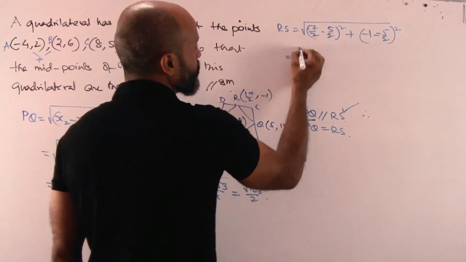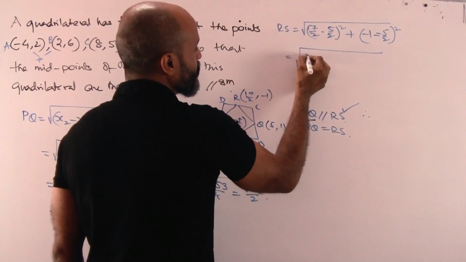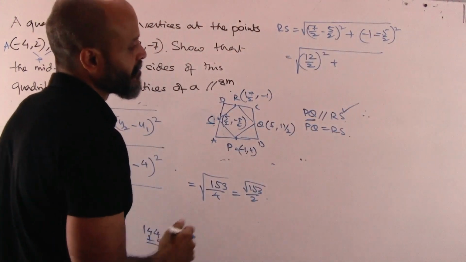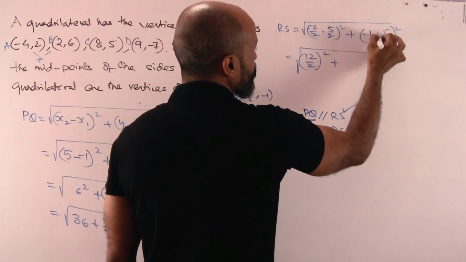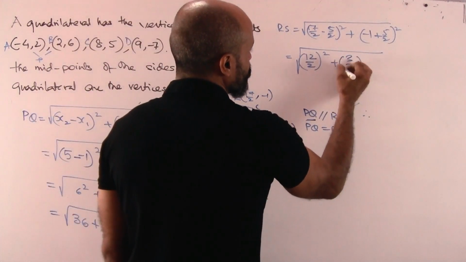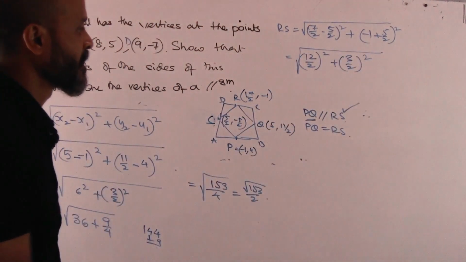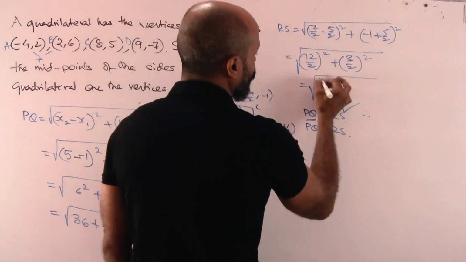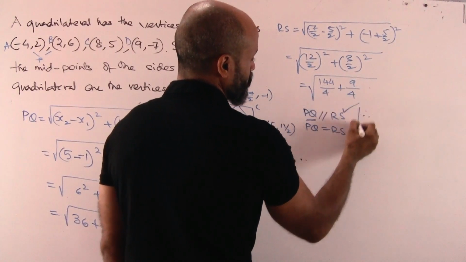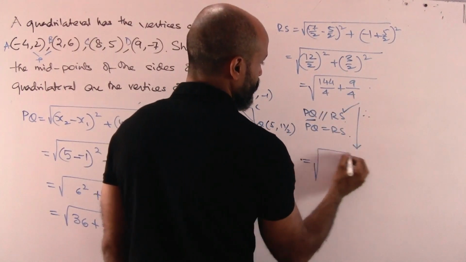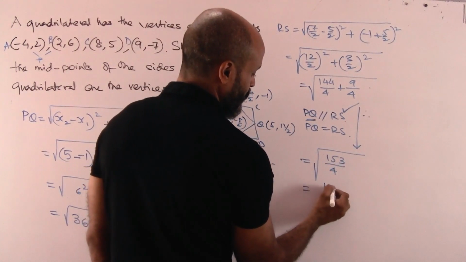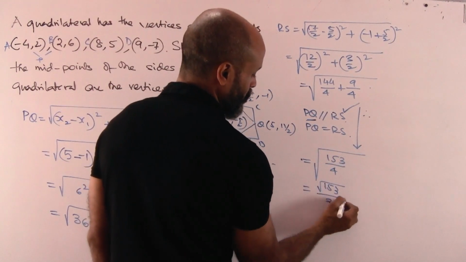So let's calculate this. 17 minus 5, that will be 12 by 2 square plus, here we have 1 plus 5/2, so 5 minus 2, that is 3/2 square. Okay, so we have here 144/4 plus 9/4, this will give us 153/4, that's 153 under root upon 2.